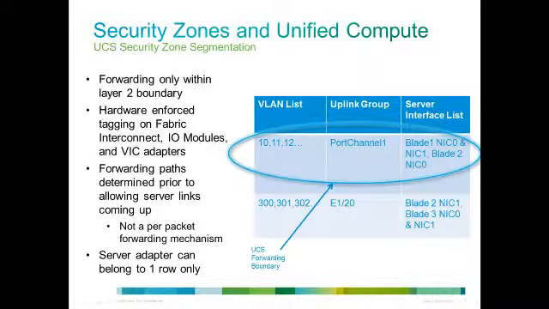This is not a per-packet forwarding mechanism. We actually establish, a priori, before the fact, packet flows through the infrastructure, and then packets are allowed to flow along those predefined links within the UCS fabric. And a given server adapter can belong to one and only one forwarding boundary within this infrastructure.